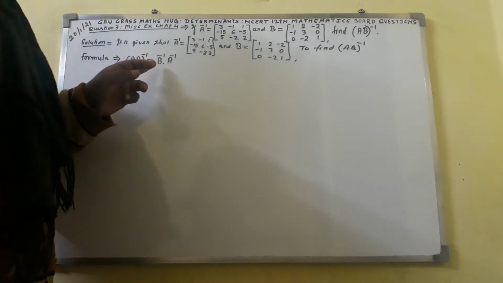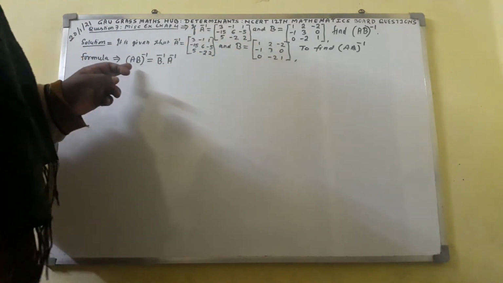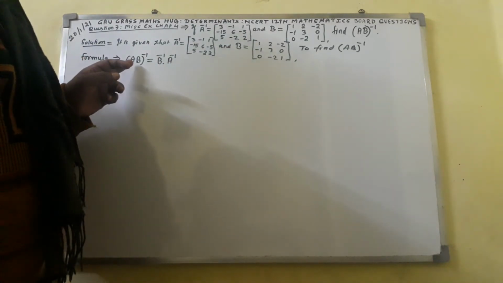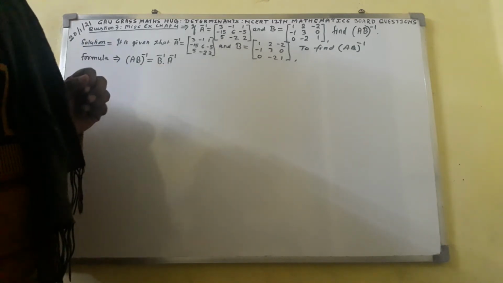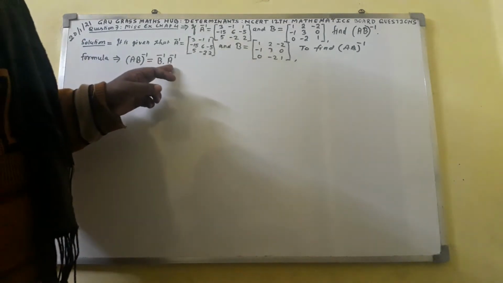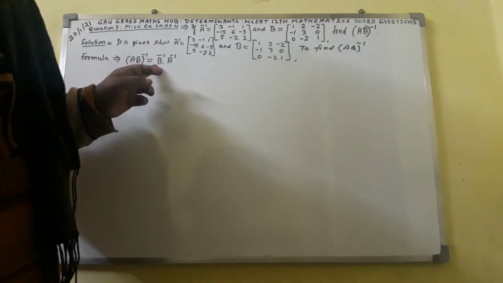On the left hand side AB is written, on the right hand side BA will come, with inverses. Here A inverse is given, so you have to find B inverse.